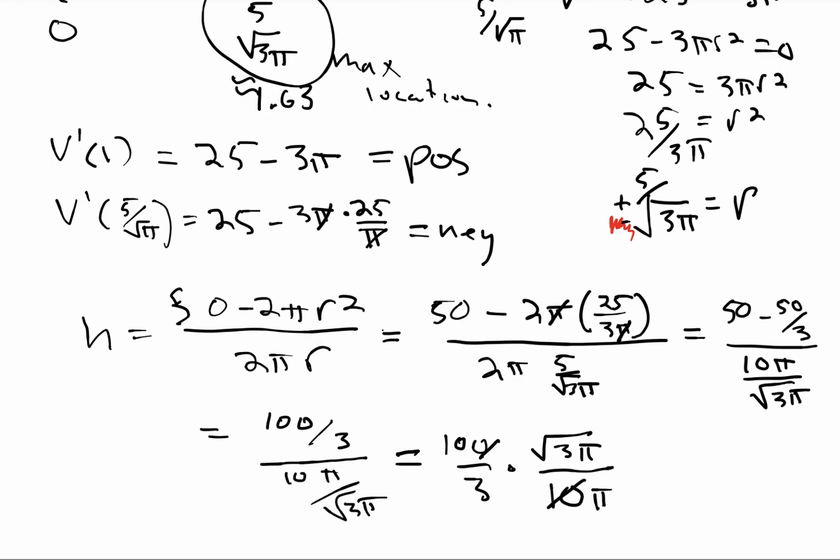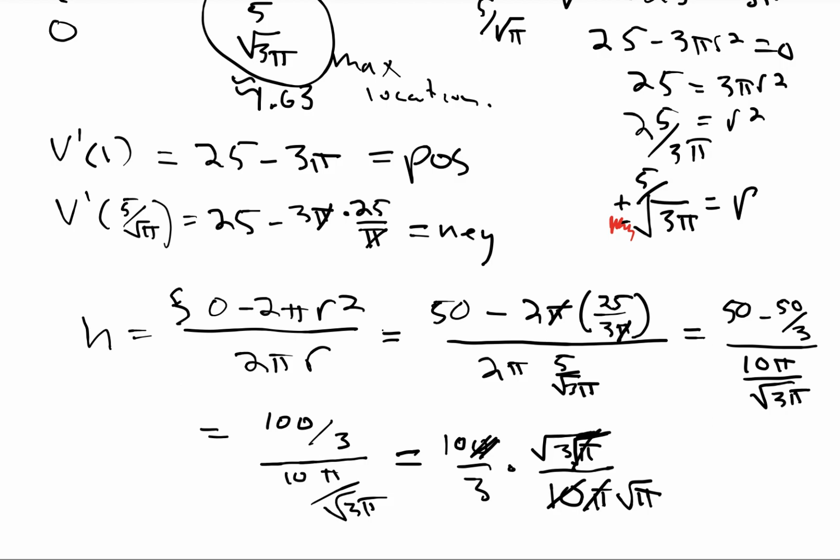I've got some cancellations I can take care of as far as that goes. Other cancellations that I can go ahead and take care of, if I desired, would be this: if I split this up and thought of this as root 3 on top times root pi, well, these will cancel and I'll just be left with a root pi in the bottom.